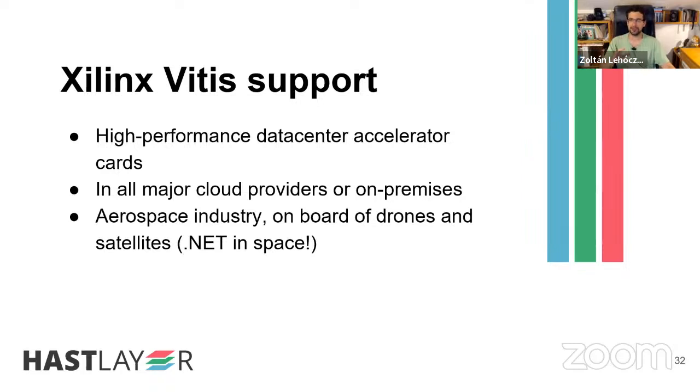And because of this Vitis support, we can also target the aerospace industry as well. So again, you as a .NET developer can write applications that run on board of a satellite, or if you want to have something easier to reach, on board of drones.